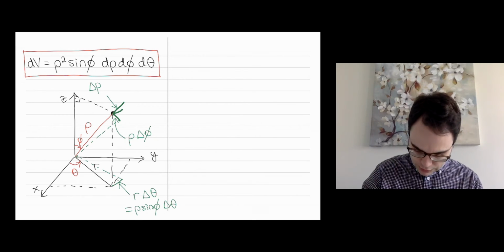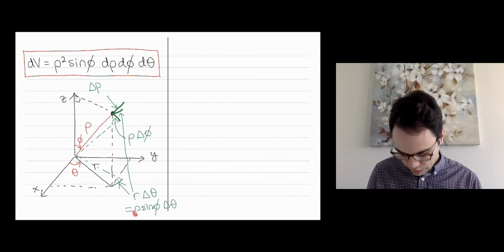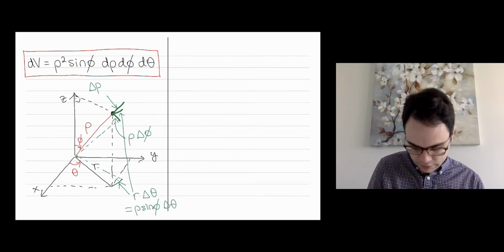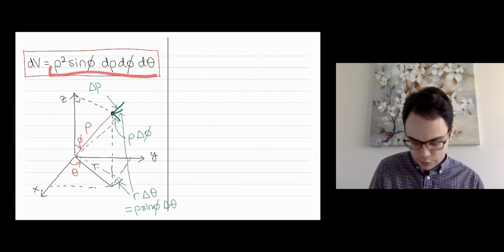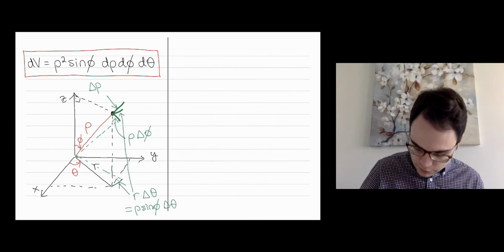So the conclusion is that this piece over here has width rho sine phi delta theta, multiply that by rho delta phi and delta rho, and you get this expression with a bunch of deltas instead of d's. If you make everything infinitesimal, the deltas become d's.